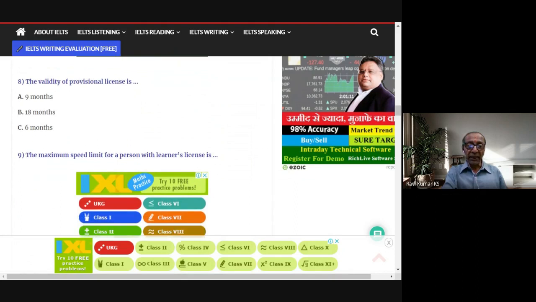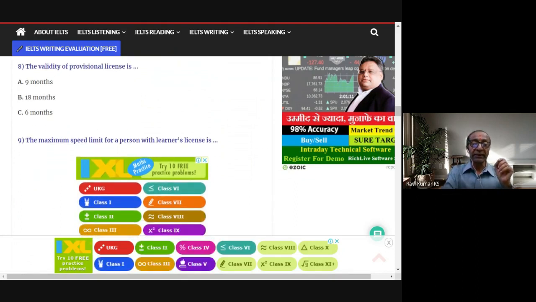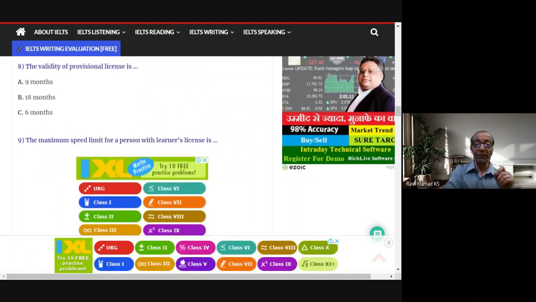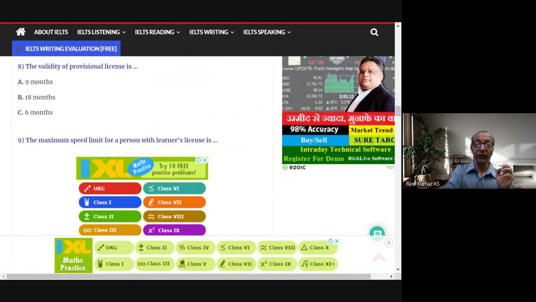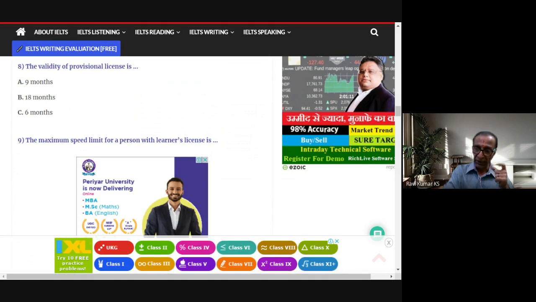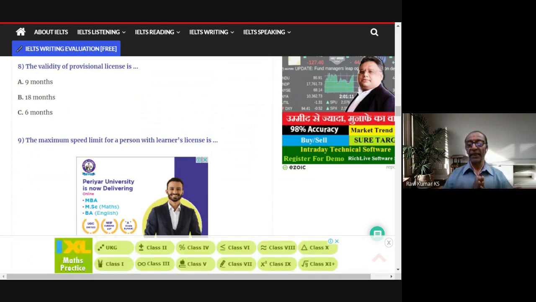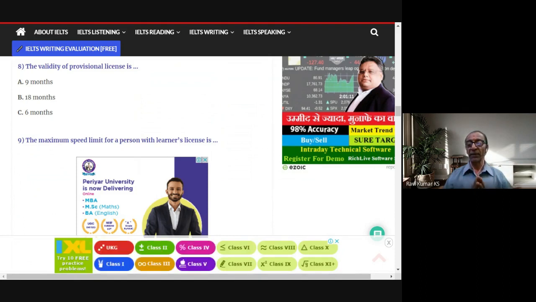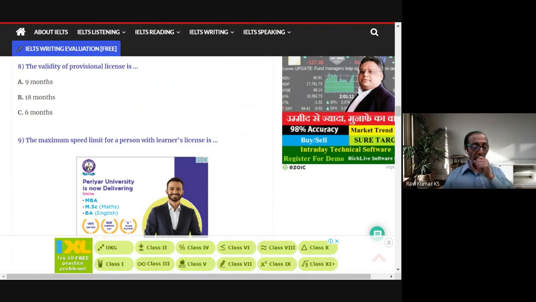Then question number 9. The maximum speed limit for a person with the learner's license is, right? The maximum speed limit, at what speed a person who is having the learner's license can drive the vehicle. It can be 40 miles per hour or 80 miles per hour or 100 miles per hour. Okay? Again, don't get confused.